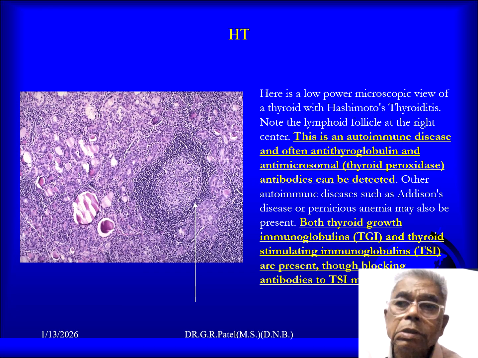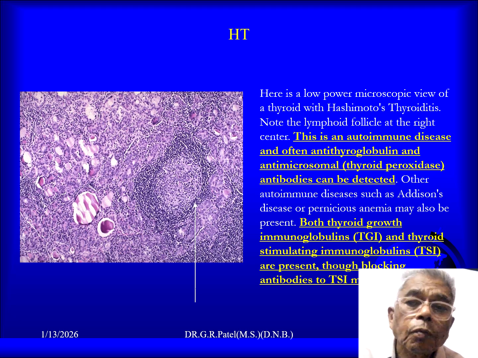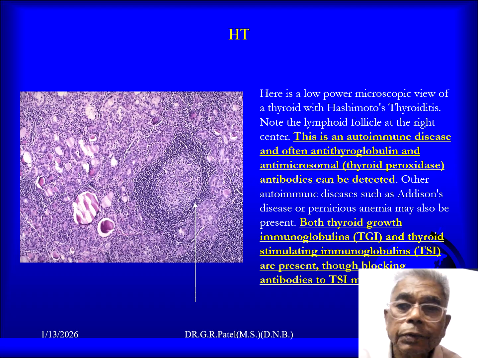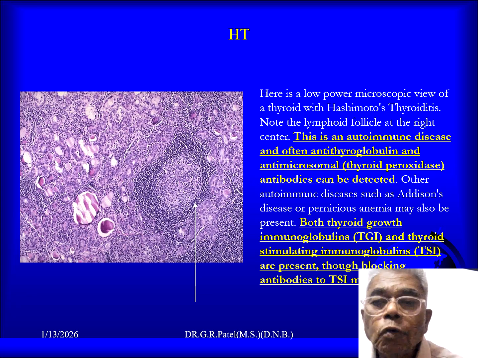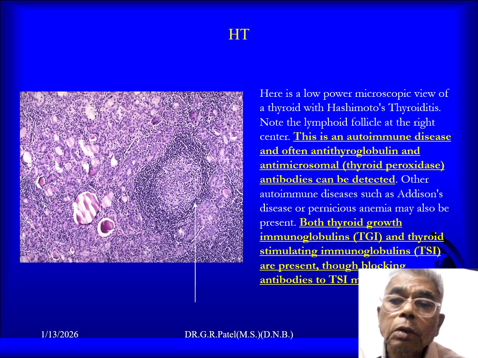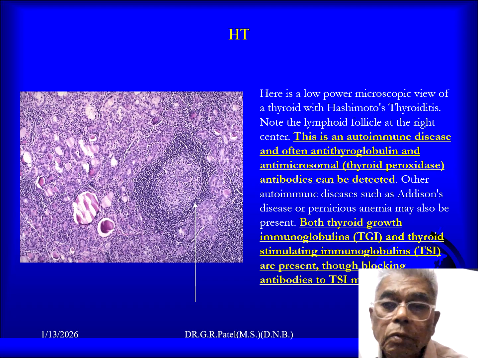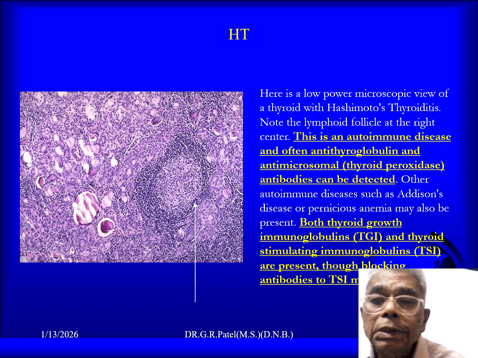Hashimoto's thyroiditis. This is a low power microscopic view of the thyroid with Hashimoto's thyroiditis. Note the lymphoid follicle at the right center. This is an autoimmune disease and often anti-thyroglobulin and antimicrosomal anti-thyroid peroxidase antibodies can be detected.